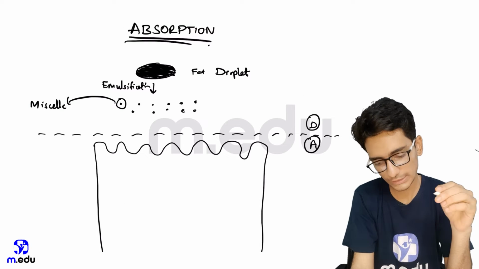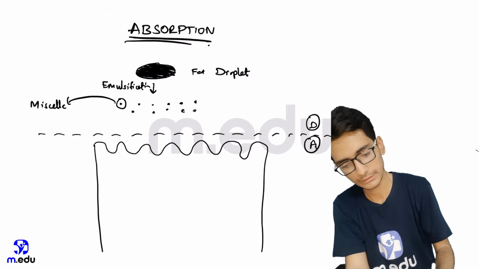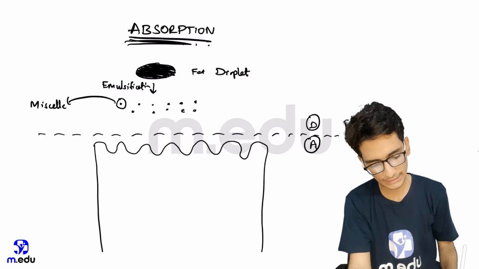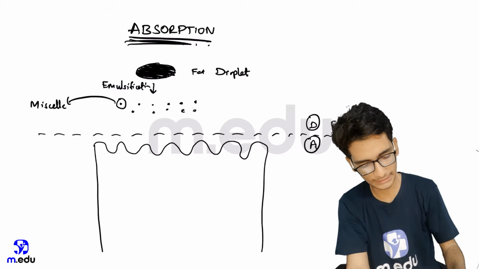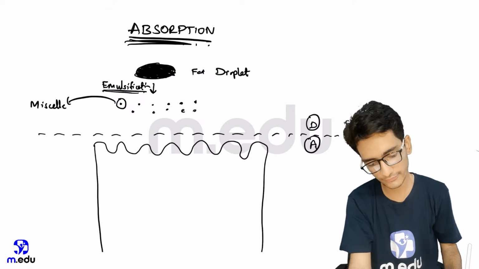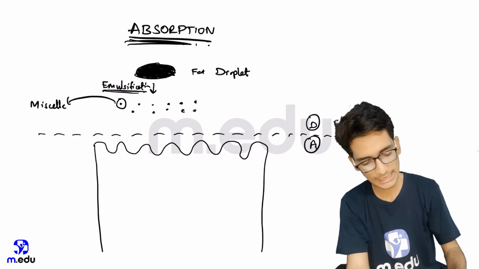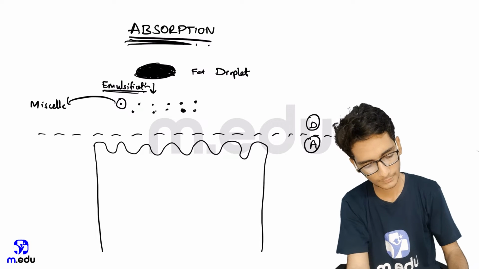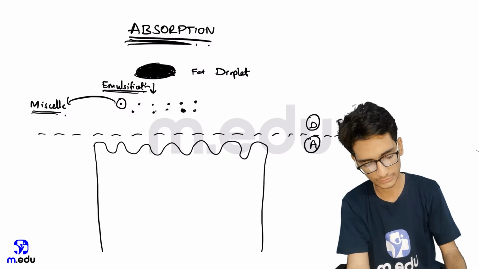Now let's come to the lipid absorption part. Before proceeding, I need you to look at this diagram. This is a fat droplet. Emulsification of this fat droplet took place, and tiny fat droplets formed, a micelle formation actually.